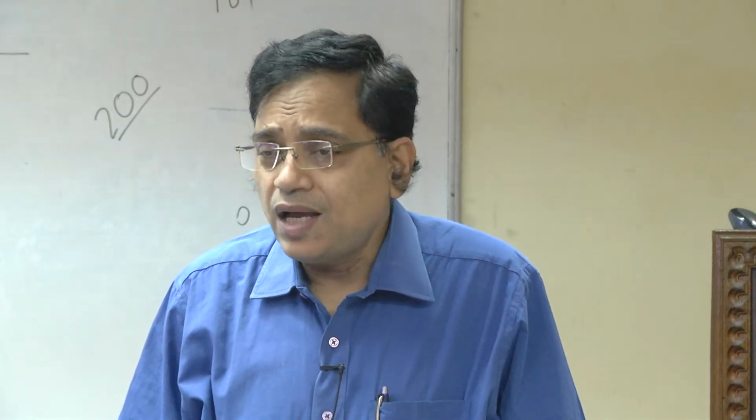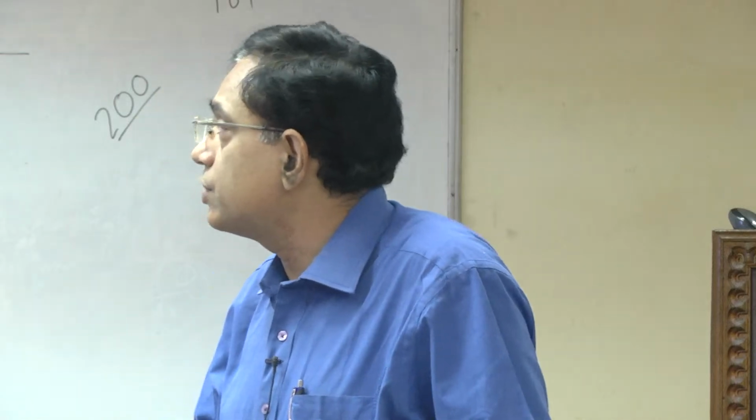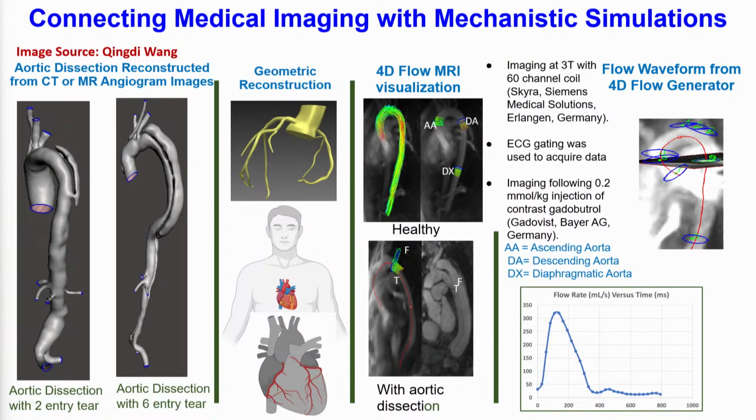The entire direction in which this subject moves is how you can apply your generic knowledge of CFD to make it patient specific CFD, and that is what we are going to talk about for the remaining. So, connecting medical imaging with mechanistic simulations. I have purposefully written mechanistic because it has both fluid mechanics and solid mechanics, so not just CFD.